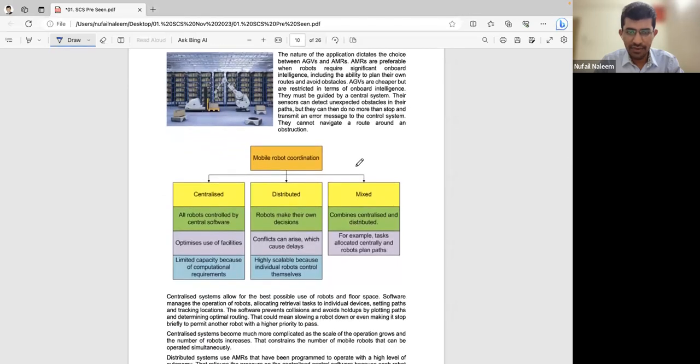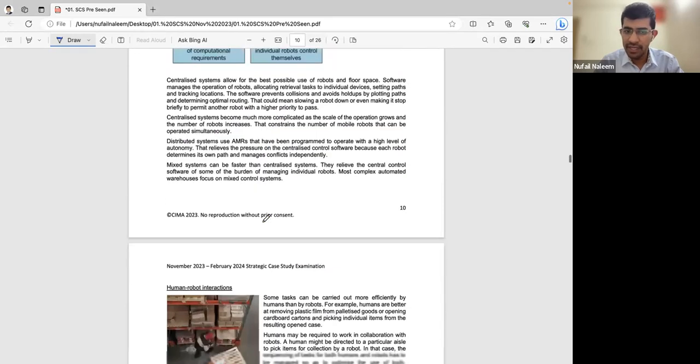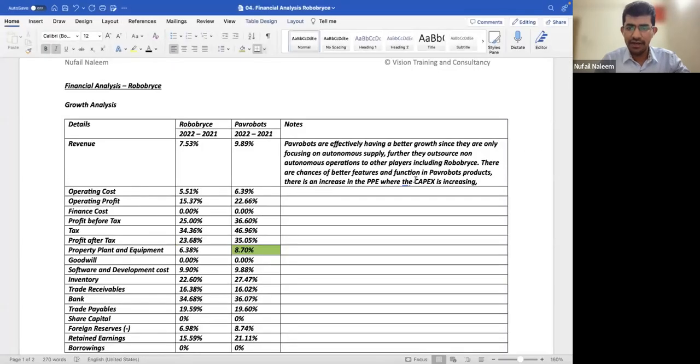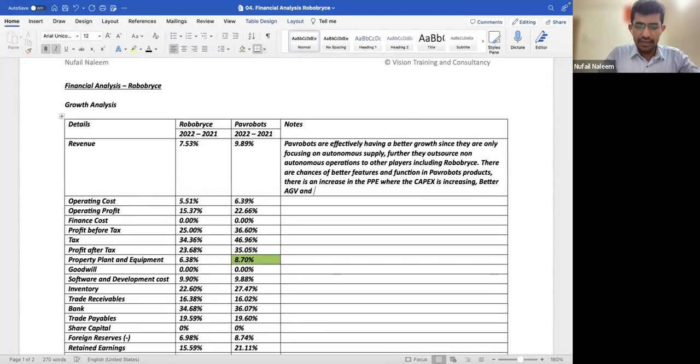And then, this mobile robot coordination, mixed will be the best one because centralized is slow, but distributed is artificial intelligence. The robots make their own decisions. So students, I'll write down here, better AGV and AMR, automatic guided vehicles and automated mobile robots by Pavrobots. Maybe that may be one reason at the moment.